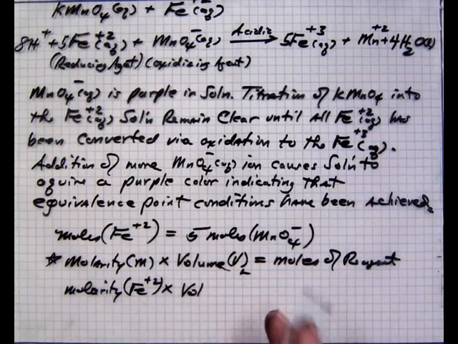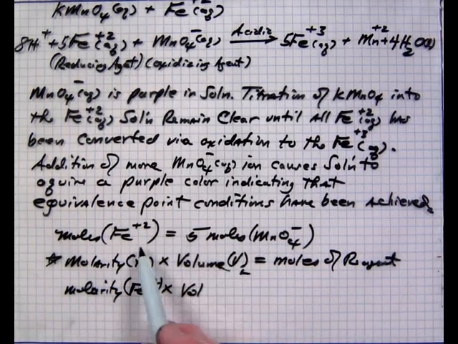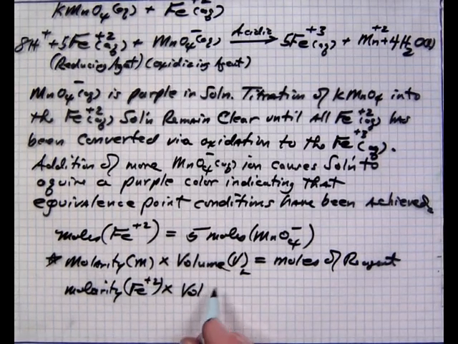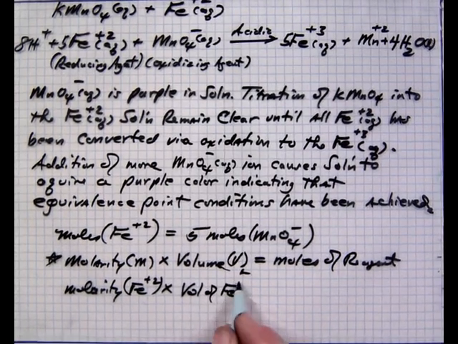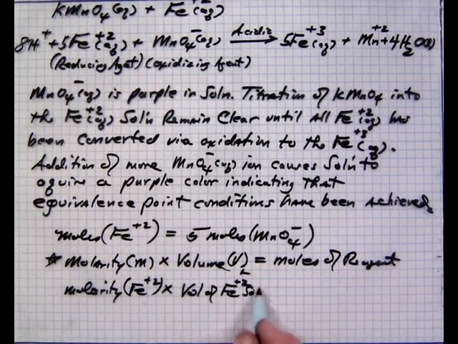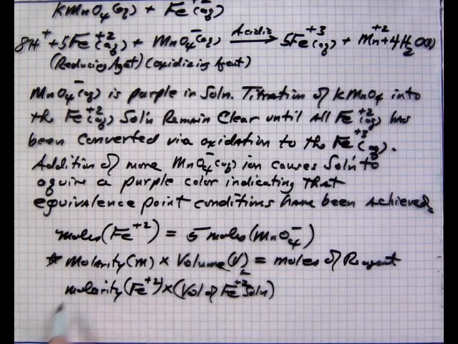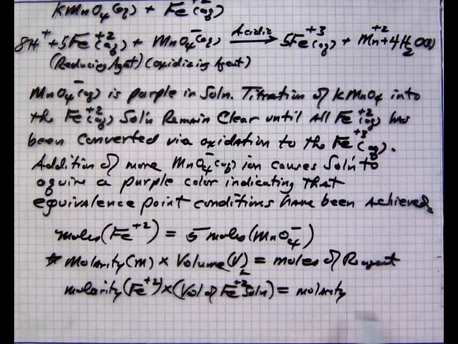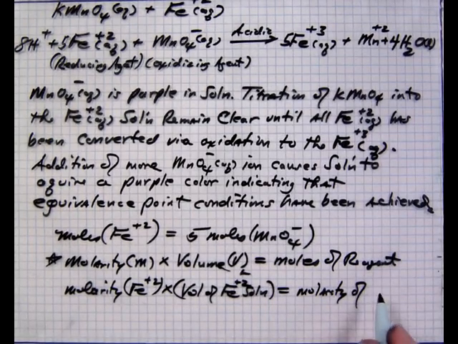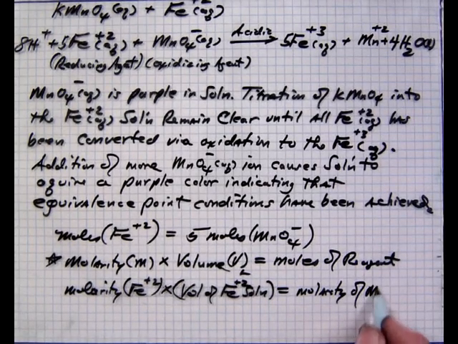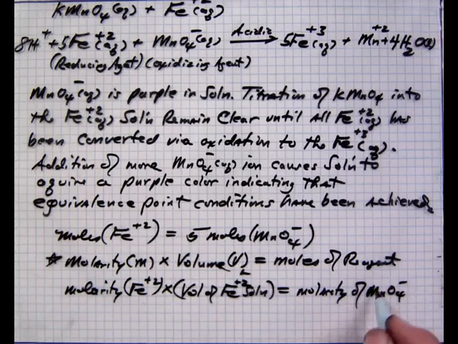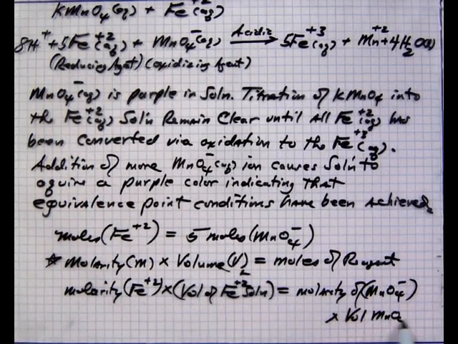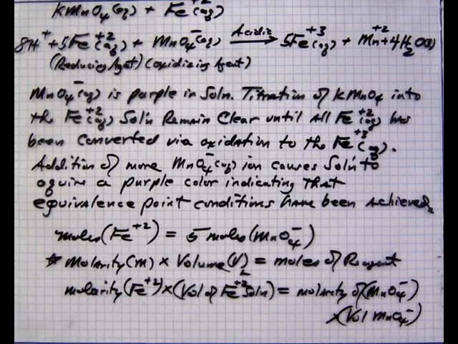Actually, you can leave it in milliliters if you want, because both sides of this equation will have same terms. Molarity of iron times the volume of iron solution is equal to the molarity of MnO4 minus solution times the volume of the MnO4 minus used in the titration.